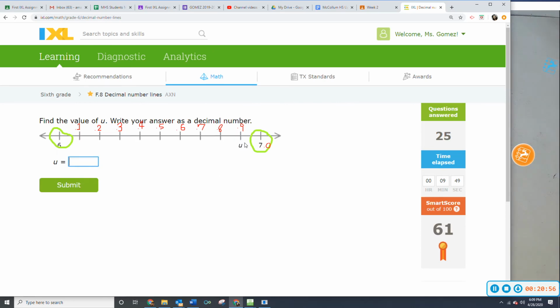U is up here, and it's actually very close to the 7. Now, remember, even if you aren't able to write that down on your screen, you can see that it's just 1 unit away from 7.